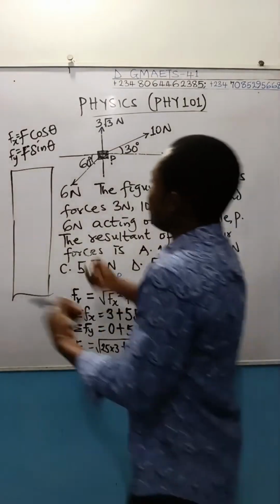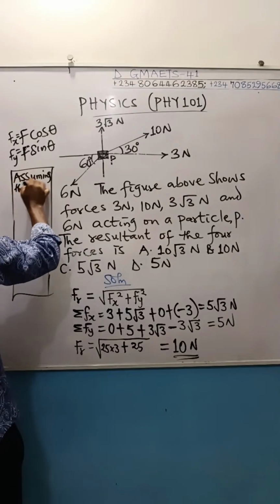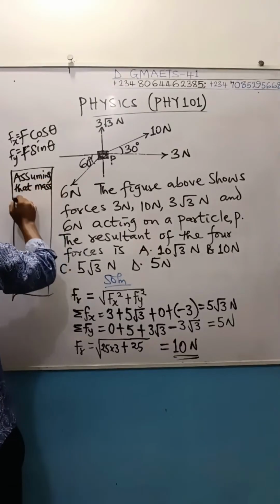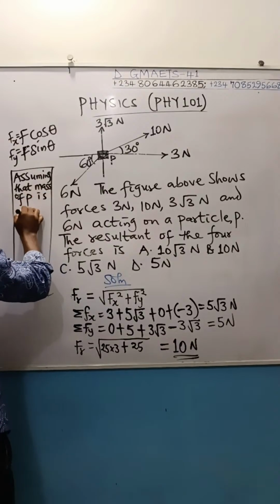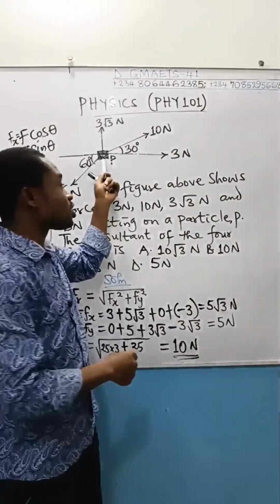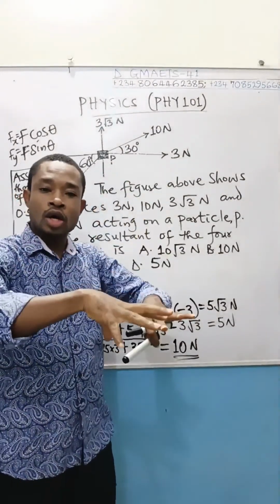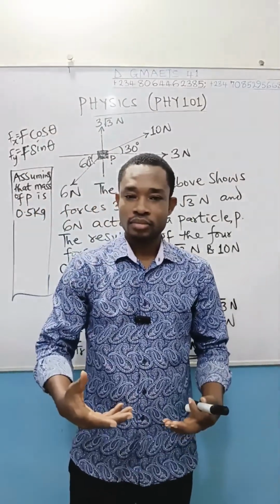Assuming that the mass of P is, let us assume that the mass of this particle being acted upon by these 4 forces is 5 kilogram.